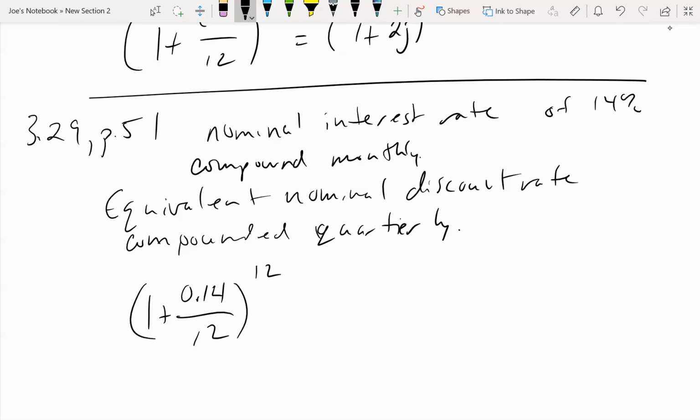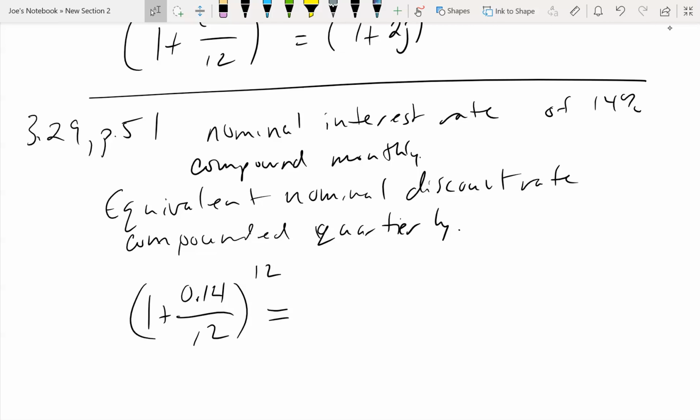All right. We want this to have an equivalent nominal discount rate compounded quarterly. But let's remember what we had for discount rates. When we do discount rates, they're computed off the accumulated value and subtracted back down to the present value.